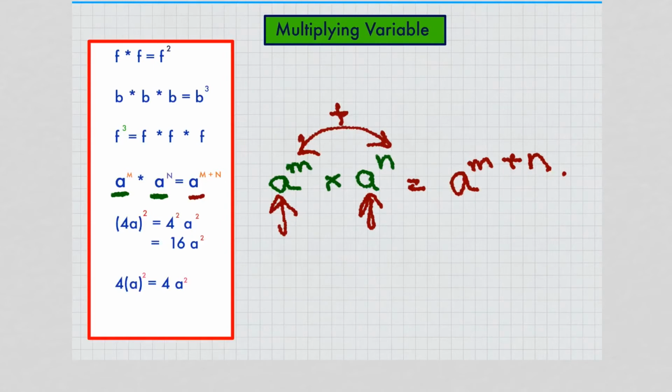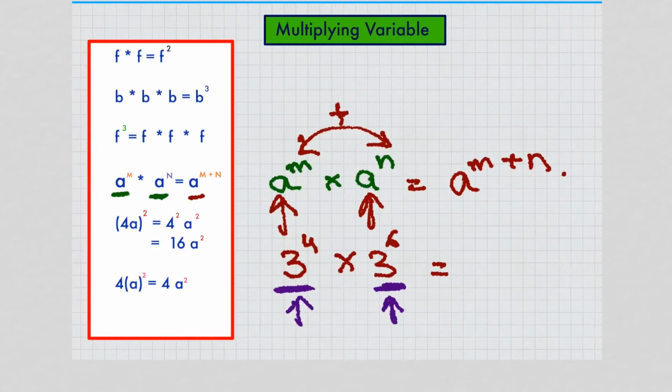Let me give you an example. Let's say you have 3 to the power 4 times 3 to the power 6. As you can see, the terms, or the bases, are the same, 3 and 3.